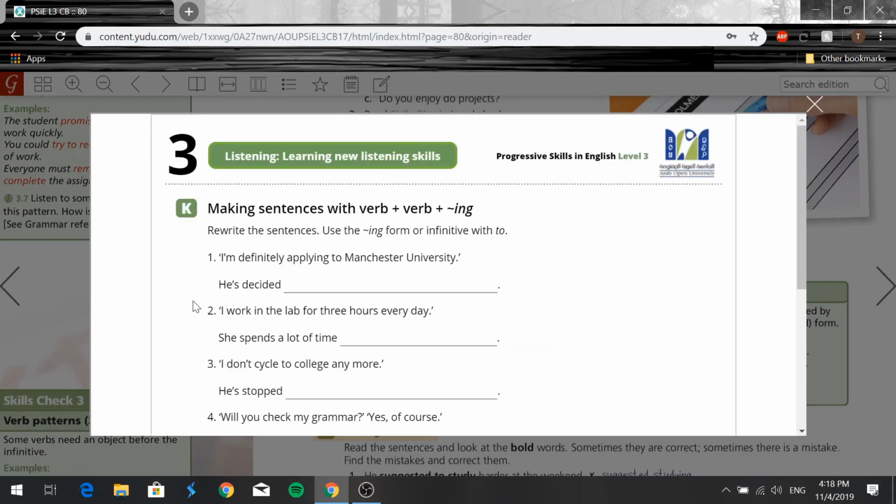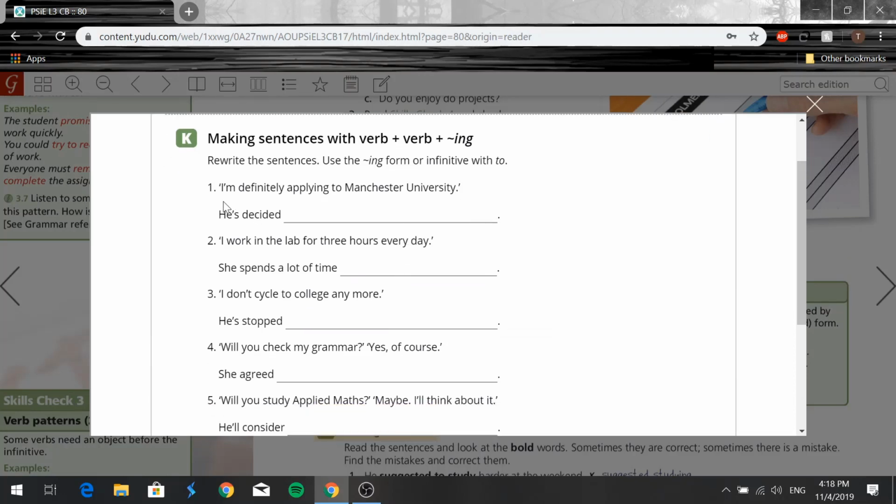So we're going to be rewriting these sentences here using the ing form or infinitive with to, whichever one fits. So we have 1. I'm definitely applying to Manchester University.